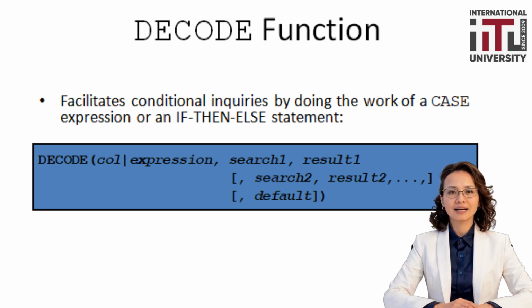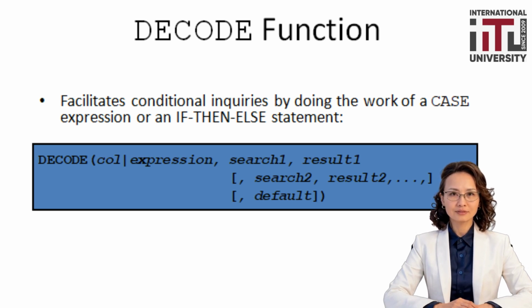The general syntax is decode, expression, search 1, result 1, search 2, result 2, default. Here is how it works. The function evaluates the expression and compares it with each search value one by one. If a match is found, it returns the corresponding result. If no match is found, it returns the default value if provided, otherwise null.